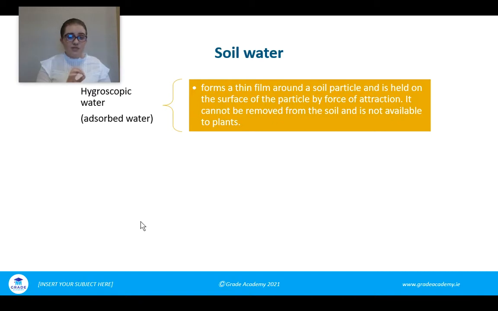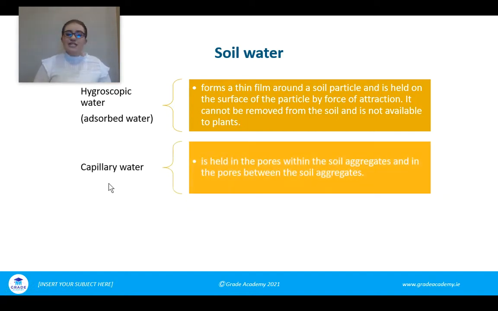The next type of water that we have is capillary water. This is held in the pores within the soil and within the aggregates or the clumps. To a degree, this can be used for plant growth, so this would be available to the plants. Your hygroscopic water isn't, because it's very much attached to the soil structure.